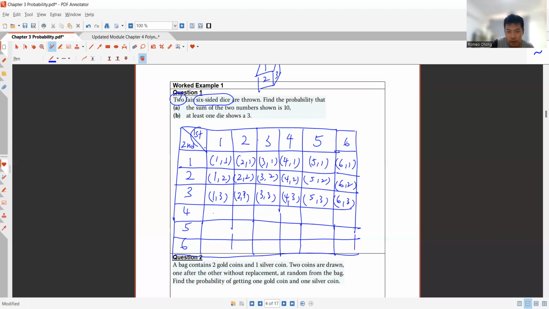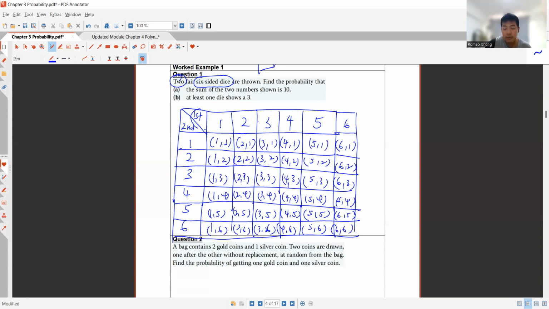Then you have (1, 4), (2, 4), (3, 4), (4, 4), (5, 4), then (6, 4). Then (1, 5), (2, 5), (3, 5), (4, 5), (5, 5), then (6, 5). And lastly, you have (1, 6), (2, 6), (3, 6), (4, 6), (5, 6), and (6, 6).